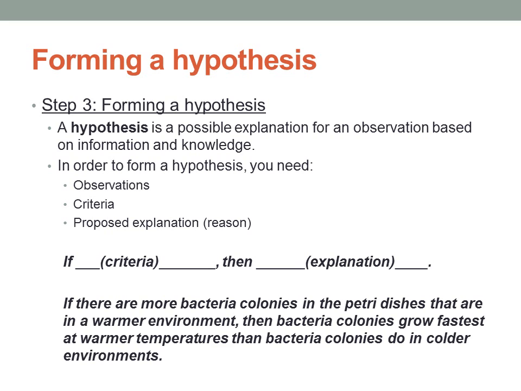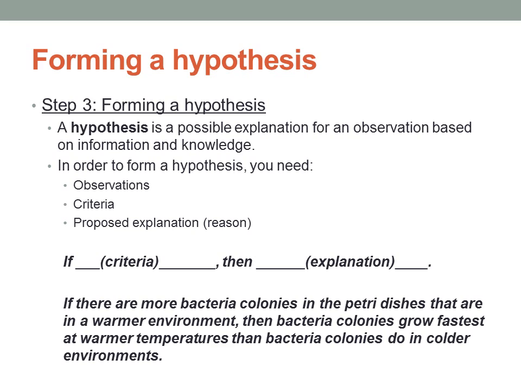To sum it up, in order to form a hypothesis, you need first observations, you need some sort of criteria that you're going to follow, and then some sort of reason or explanation of why you think something is happening. And then you can put all of those components together and form an if-then statement. So if a certain criteria is present, then this must be why it is happening.